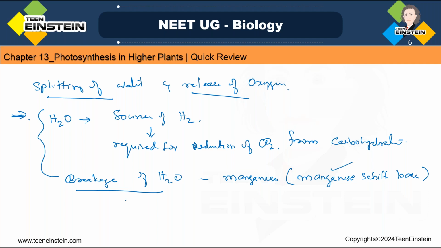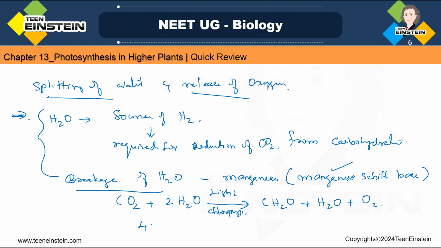Here I'll write the reactions: carbon dioxide plus 2 water molecules, 2 H2O, in the presence of light. This is a light reaction, right? And here pigment is also there, chlorophyll. So what you will get: CH2O plus H2O plus O2. Here oxygen is getting released, right?